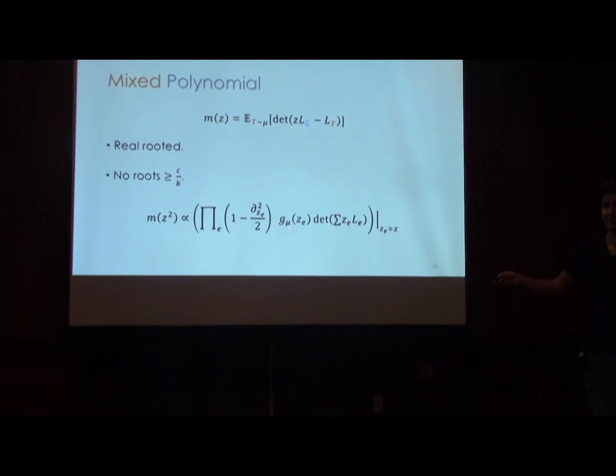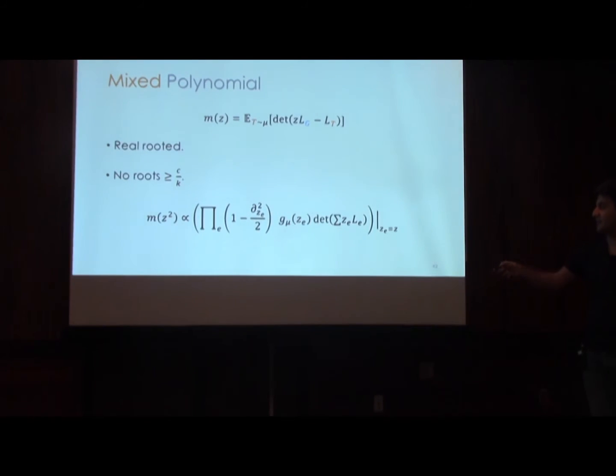This one picks basically any tree in the graph with positive probability, but your mu here won't pick edges that have high effective resistance. This mu is given by some other method, but both of these are basically generating polynomials of spanning tree distributions. I'm going to be applying these operators, which are defined in terms of the partial derivatives.